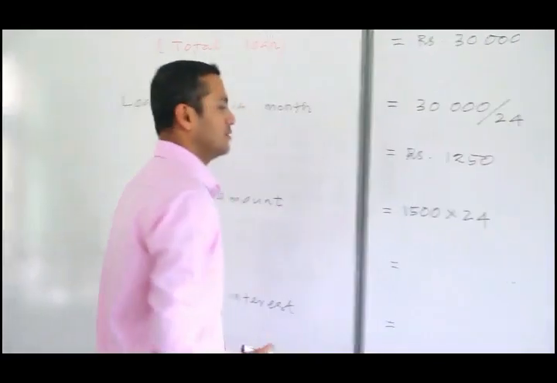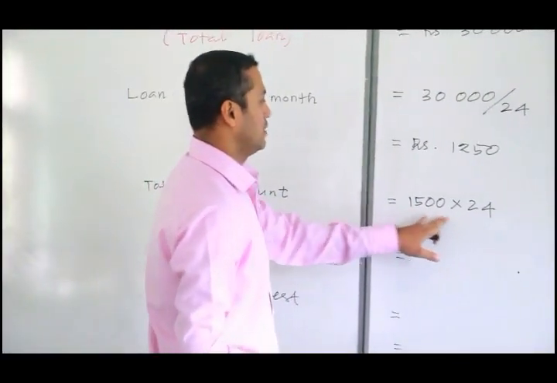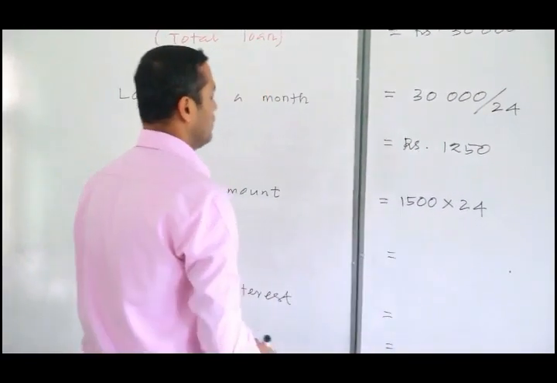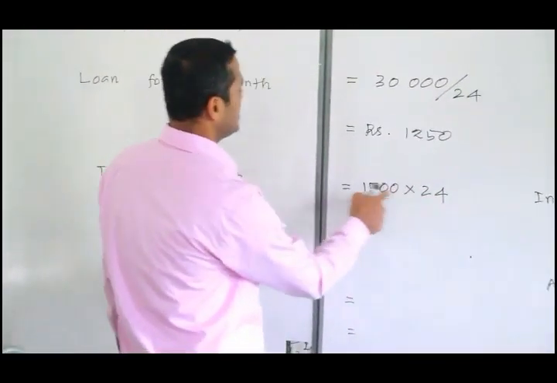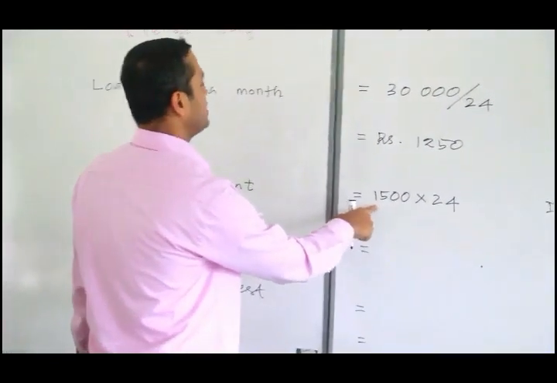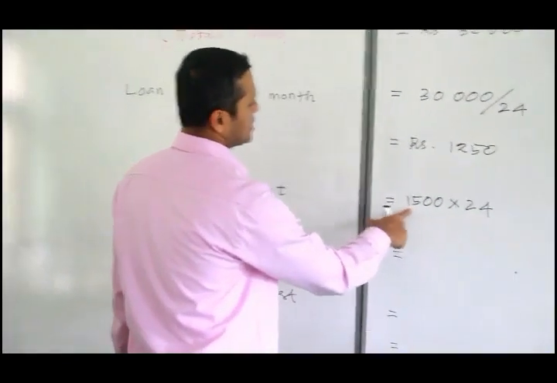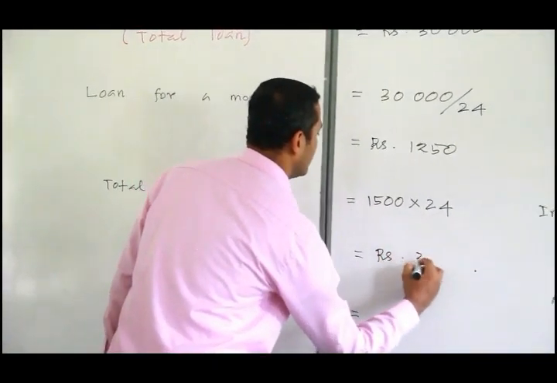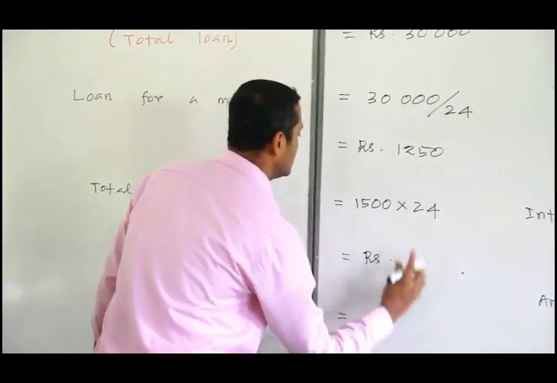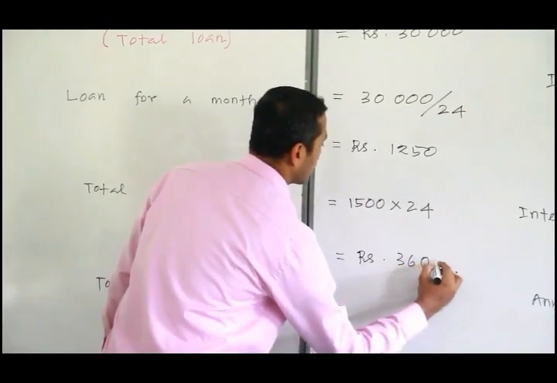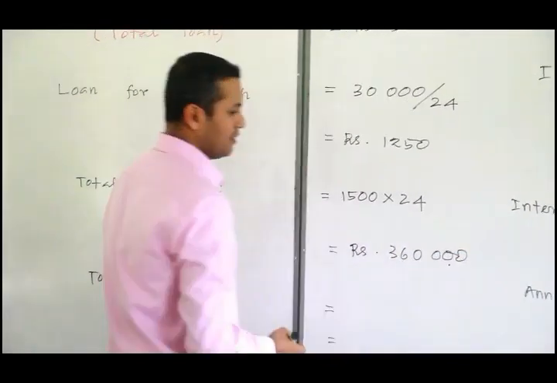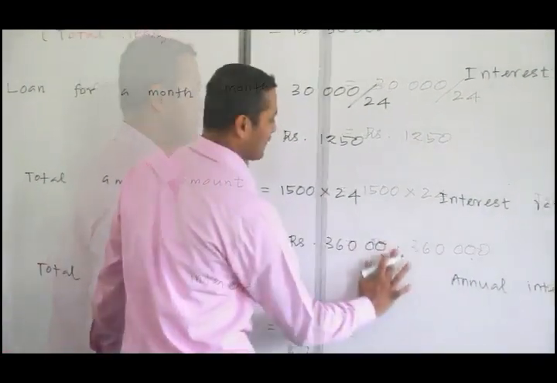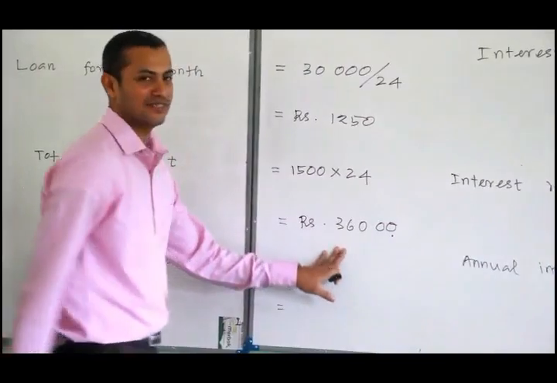Then you need to multiply 1500 by 24. Alright. If you multiply this by 4, you get 60. 60 into 6, 36. Then it will be 360,000. Is it correct? Check your answer. 36,000. I guess it is 36,000, right?